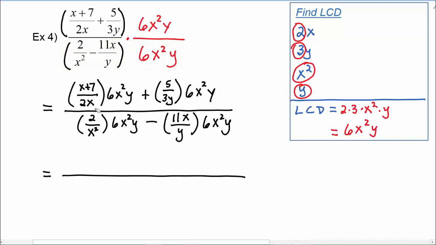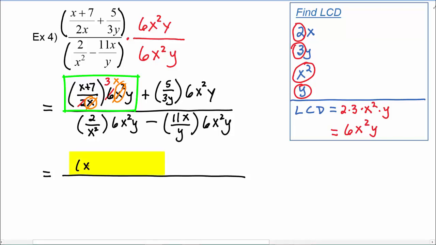Now in each multiplication, we'll need to do some canceling first. So if we take a look at this first one, 2 goes into 6 3 times, and x goes into x squared x times.